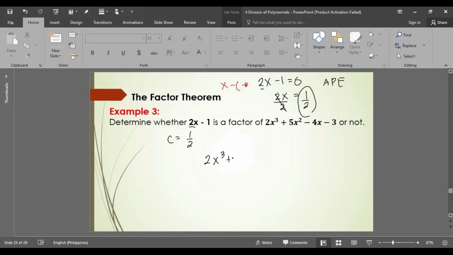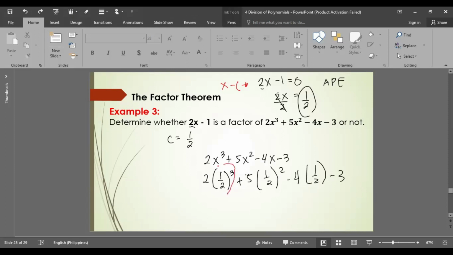So copy P of x, do the substitution. Simplify this first. 1/2 raised to 3 is 1 over 8. Next is to simplify this. 1/2 raised to 2 is 1/4.